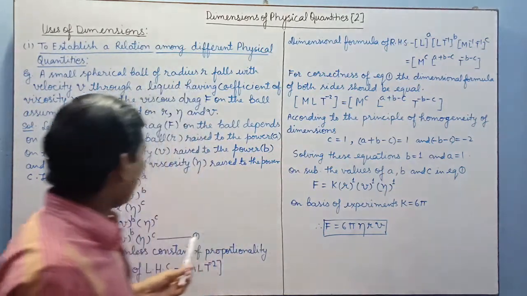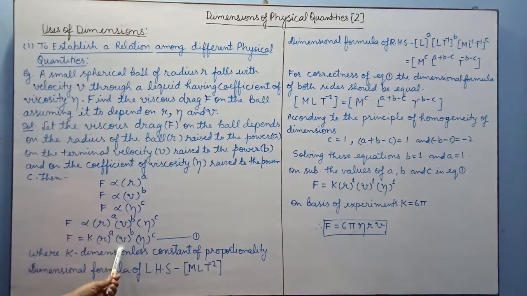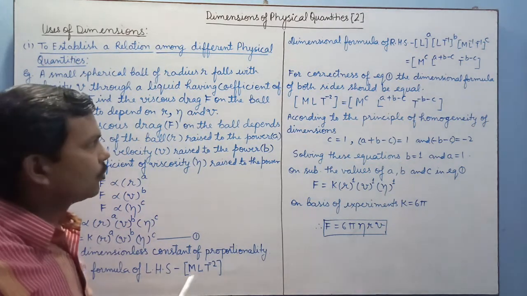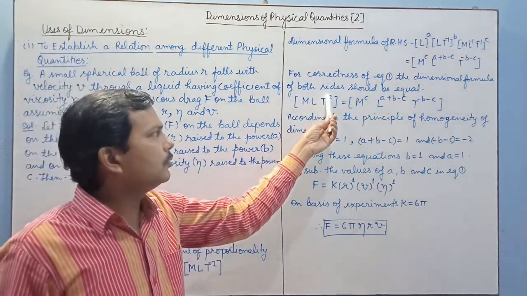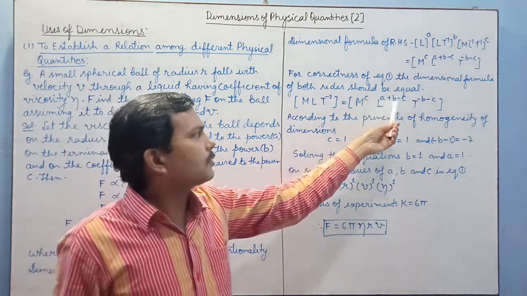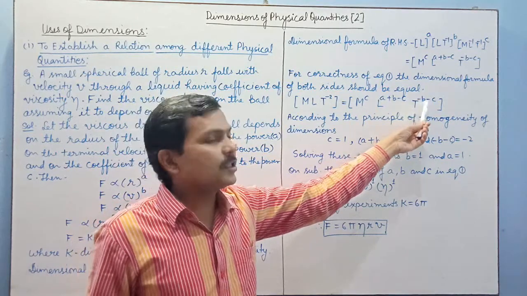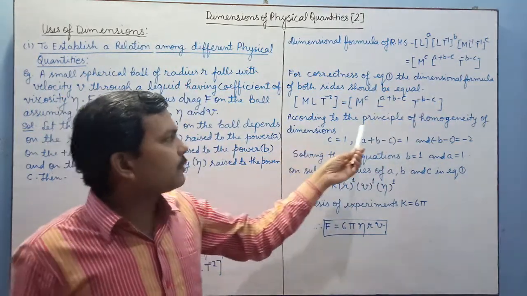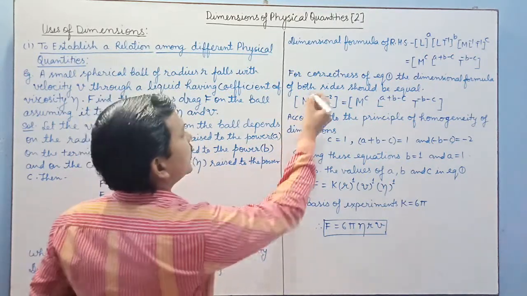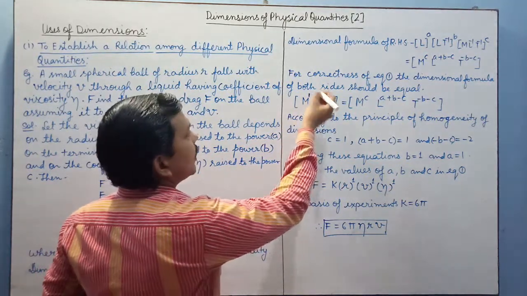Now for correctness of this equation number 1, the dimensional formula of both the sides of this equation should be equal. So we equate the dimensional formula of both sides, that is LHS and RHS. So we get MLT minus 2 is equal to M power c, L power a plus b minus c, T power minus b minus c. Now according to the principle of homogeneity of dimensions, the powers of M, L and T must be equal on both sides.